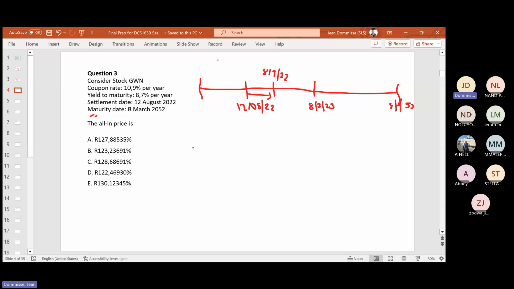We also need to work out how many days are between 8 March 2022 and 8 September 2022. So one can use the tables to get that. To get this one will be 184. To get this one will be 27.